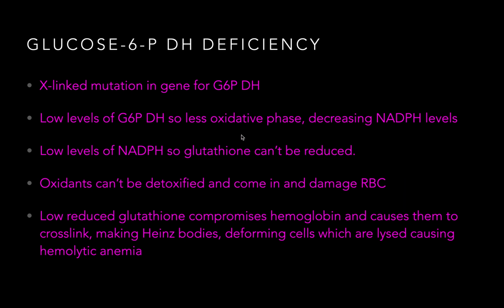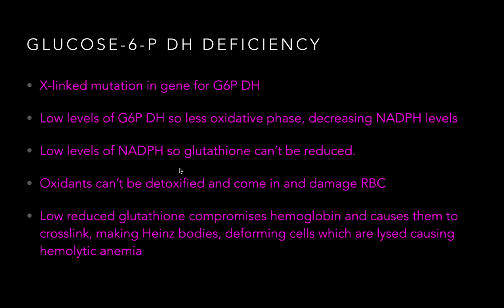So there is an X-linked mutation in the gene coding for glucose 6-phosphate dehydrogenase, and low levels of this enzyme lead to less oxidative phase, right? So this doesn't occur as much, which decreases the NADPH levels. With low levels of NADPH, glutathione can't be re-reduced, as you can see, it's recycled, right?